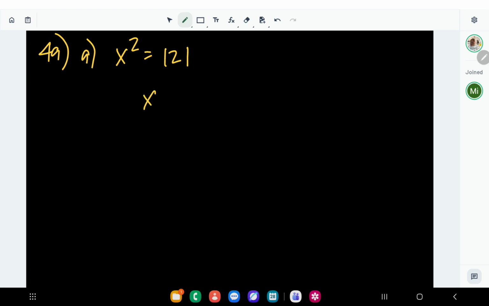You can solve that this way. X squared minus 121 equals 0. You factor them, or you use the square root of both sides. So what is your answer? If you get the square root, what is the square root of 121? So plus minus 11. Yeah, your answer should be plus minus 11.